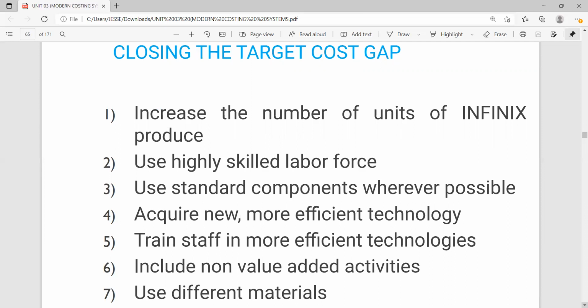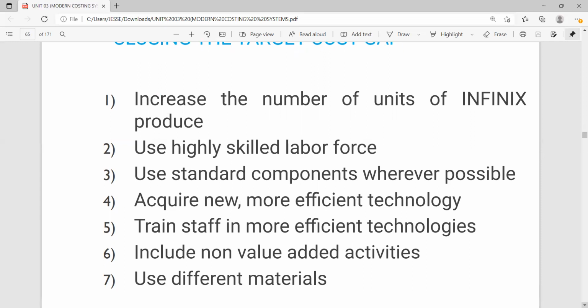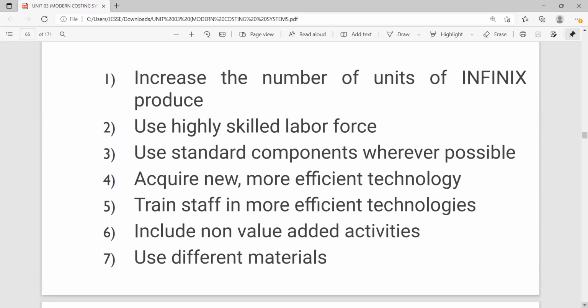Standard components also lead to efficiencies. Acquiring new, more efficient technology can also lead to efficiencies. If you train staff, they are able to do the work better, and that also helps to close the target cost gap.